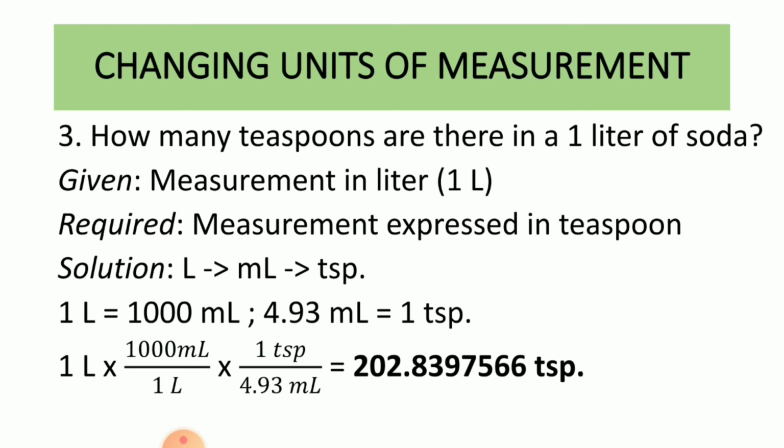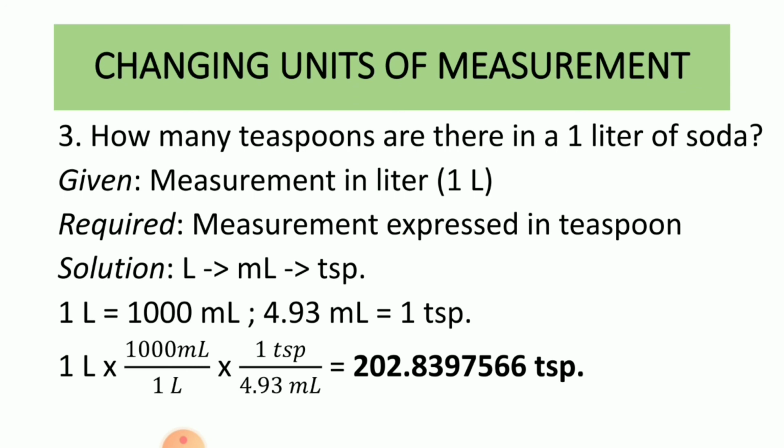Then, solve now. So, 1 liter times the conversion, which is 1,000 ml all over 1 liter, times 1 teaspoon all over 4.93 ml. So, we will cancel the units liter and milliliter. What will be left will be teaspoons.